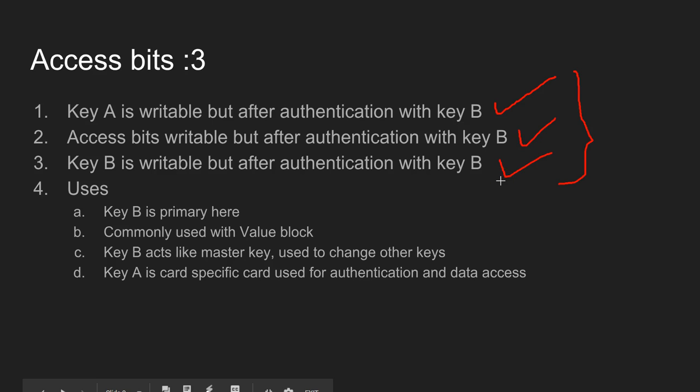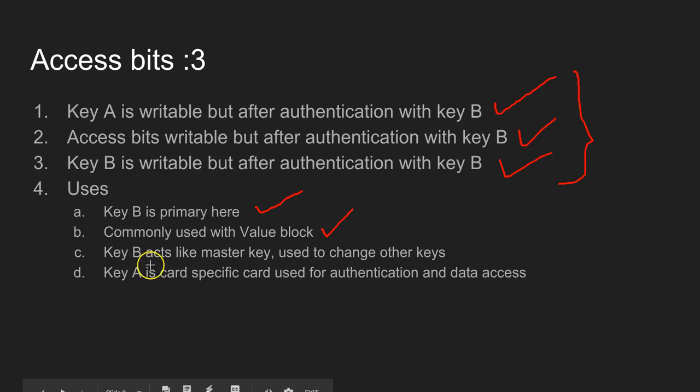In all the previous configurations it was key A. So, as I mentioned just now, the key B is the primary here, and this configuration is very popular when the data blocks have got the value blocks.